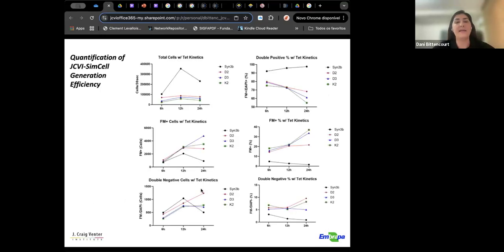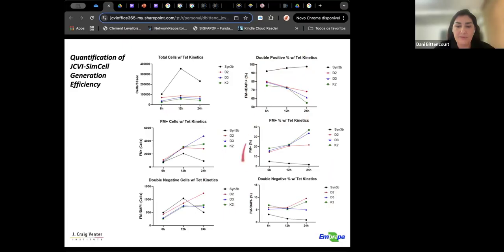So if you see the kinetics here, just checking the percentage of the cells, here we see syn3B, only FM positive and DAPI. So we have a larger population, they continue growing. And here we have a decay from our induced cells after 24 hours.